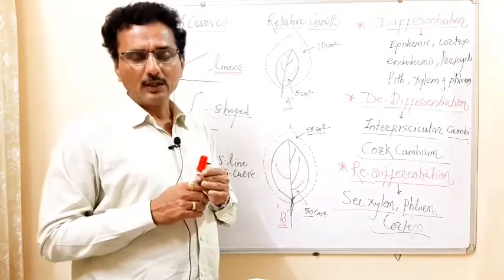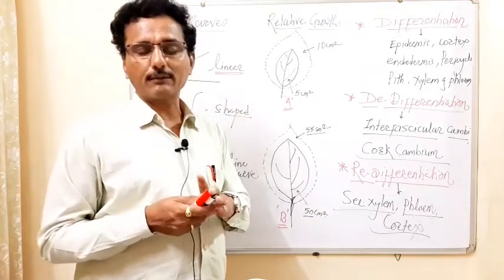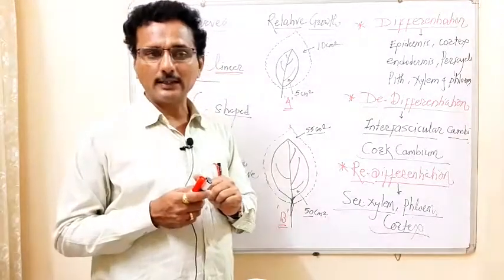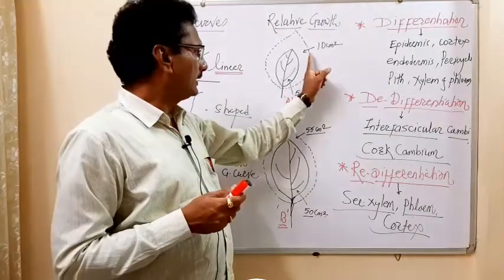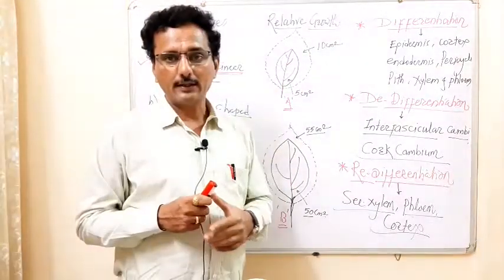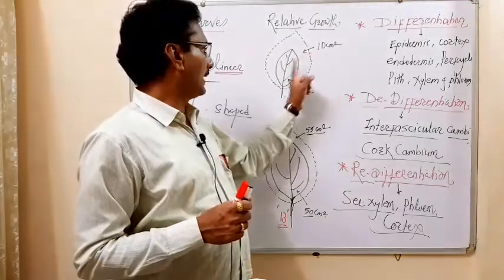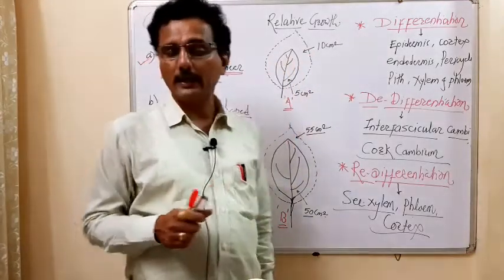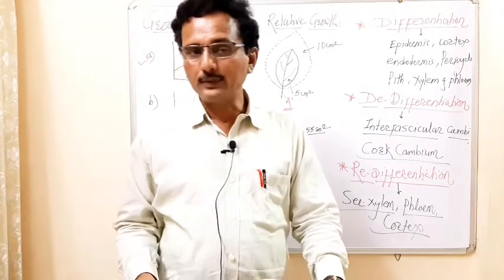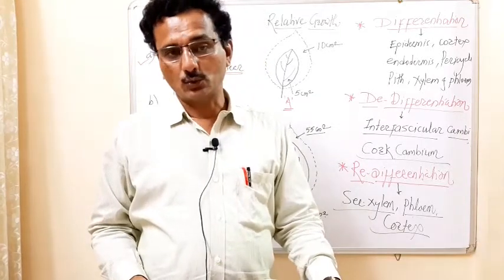So you remember, how do we calculate the relative growth? Final growth minus initial growth divided by the initial growth. What we obtain from this is the relative growth.